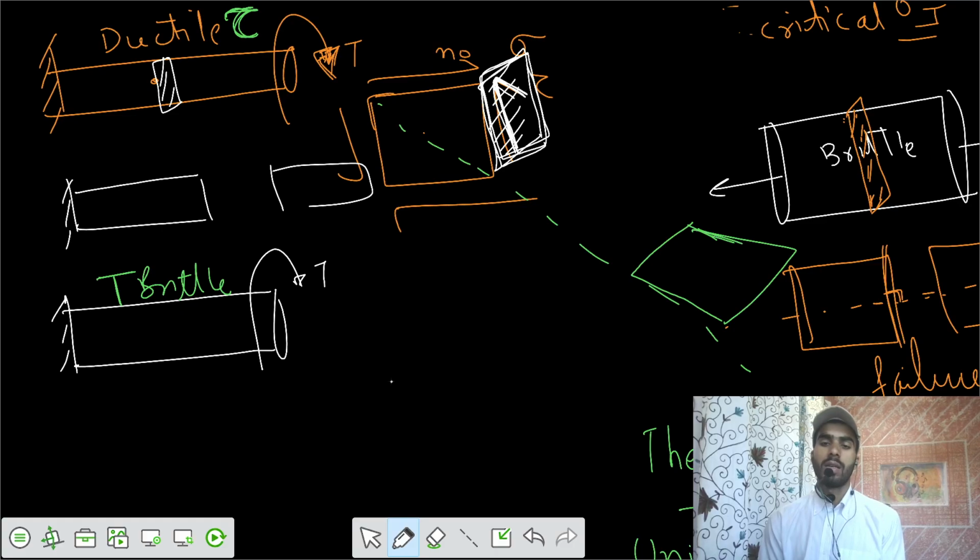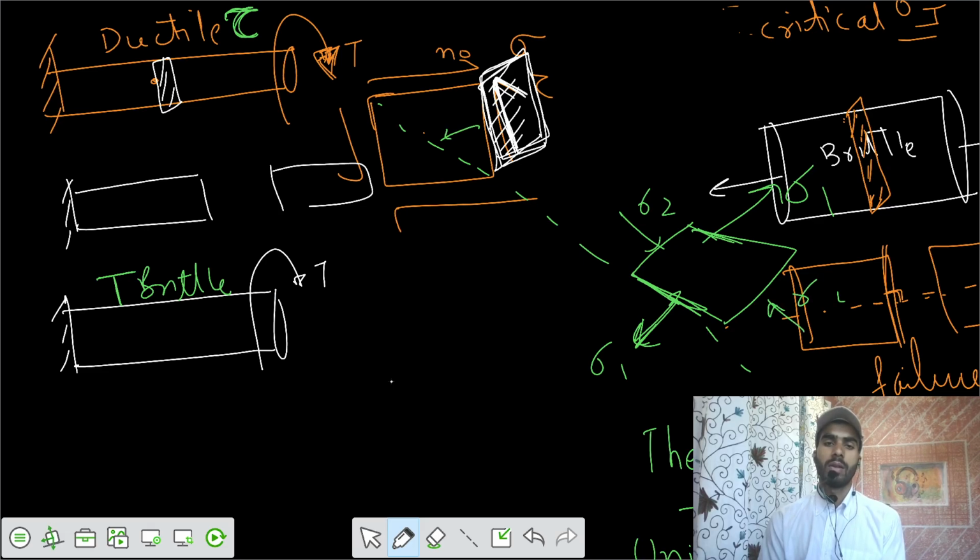This is your sigma 1, the maximum normal stress plane, and this is sigma 2, compressive. It's making an angle of 45 from the shear stress plane. This vertical plane is also called the shear plane.